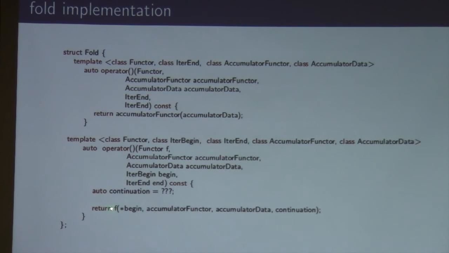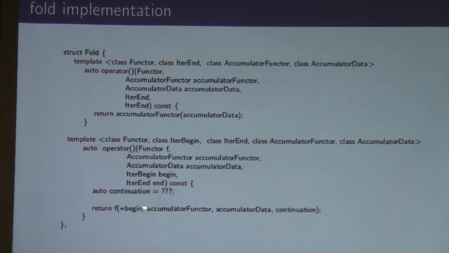We still run our functor providing the first element of the sequence, the current accumulator functor, and the current accumulator data. This functor is supposed to return new accumulator data and a new accumulator functor, but it cannot do it directly because of this problem with types.